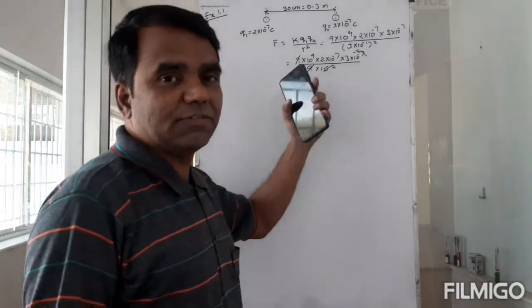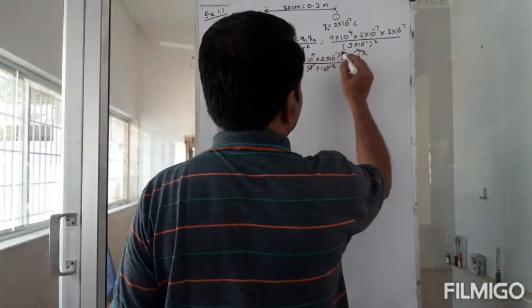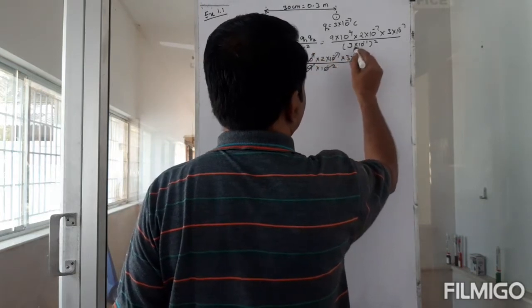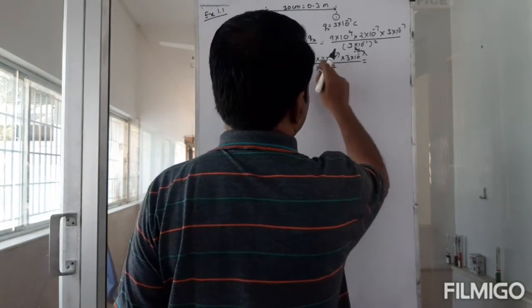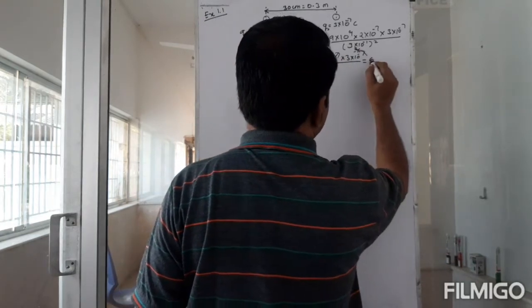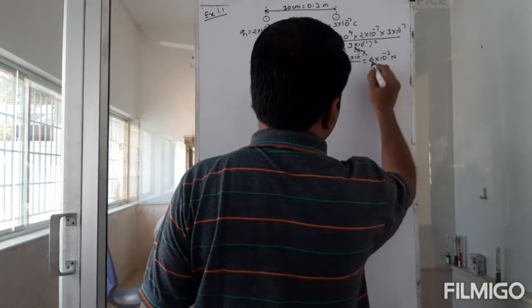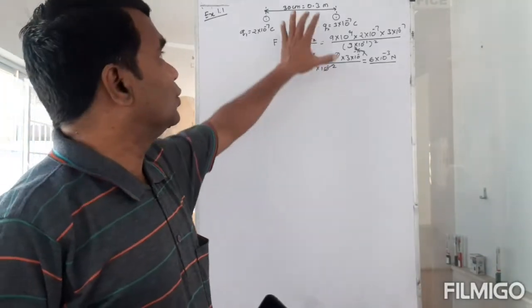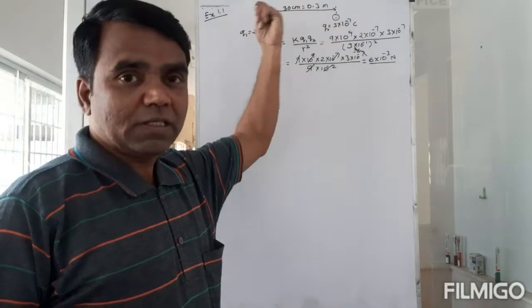Minus 7 plus minus 5 will become minus 12. We got 9 here. So effectively all these things will become 10 power minus 3. So I'm going to get 6 into 10 power minus 3 newtons, or 6 millinewton force, which will be the force experienced by each sphere.